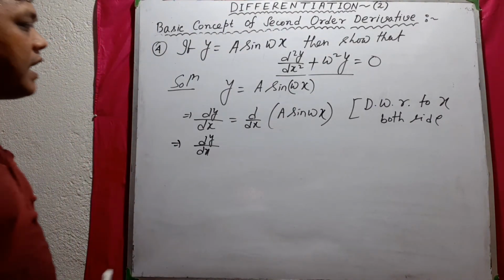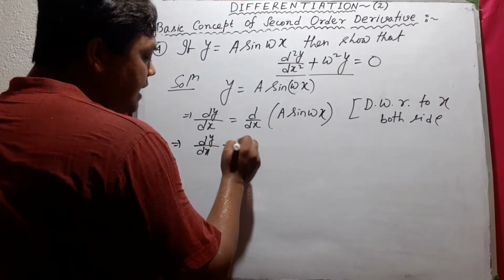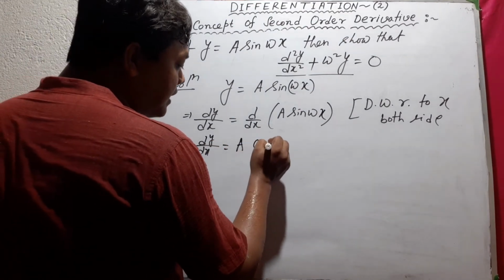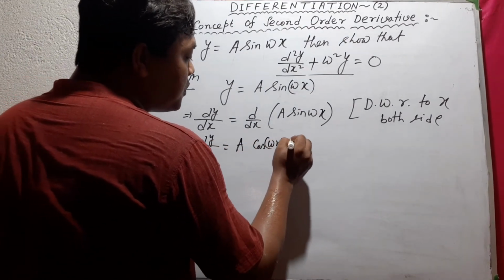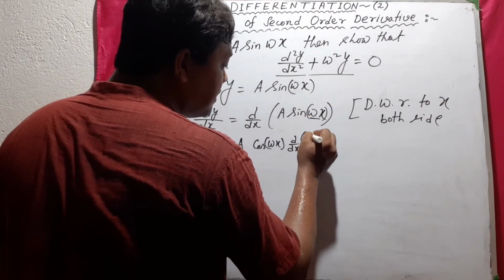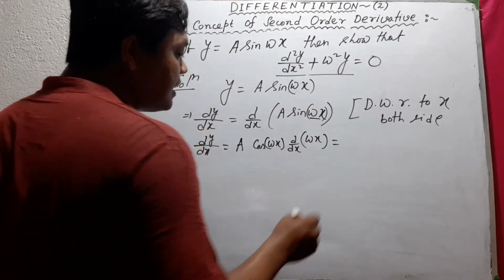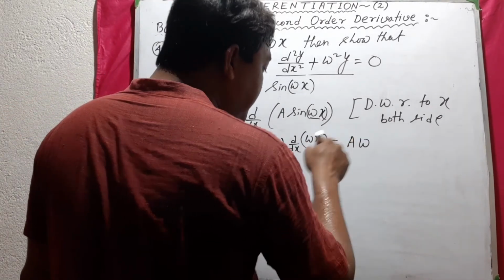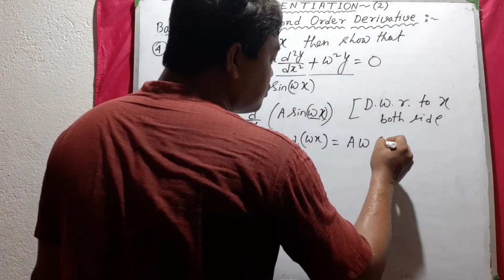So a sin omega x, so derivative of a sin omega x is cos omega x. এবার আমরা ডেরিভেটিভ করব d/dx of omega x, এই পার্টটাকে। So that gives a omega x এর ডেরিভেটিভ 1 cos omega x.